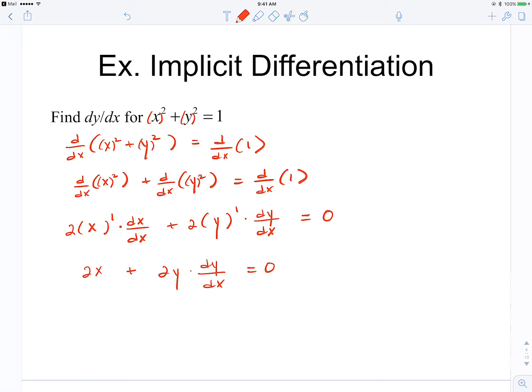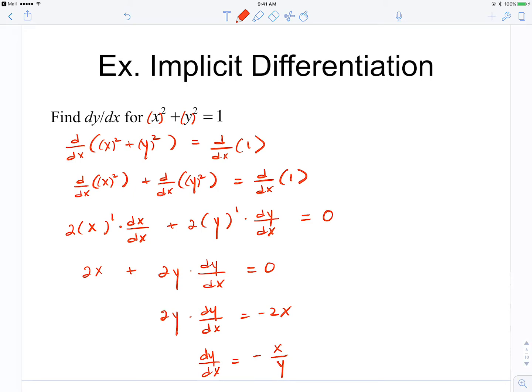So we want to isolate dy over dx on one side of the equation, and I'm going to do that by subtracting 2x from each side. And then we can divide by 2y on each side of the equation to isolate dy over dx. So that'll give us negative x over y.